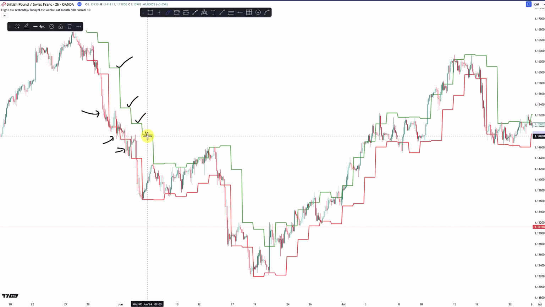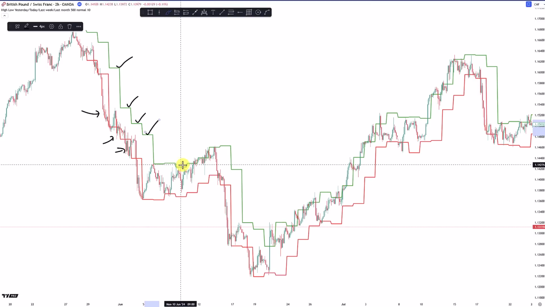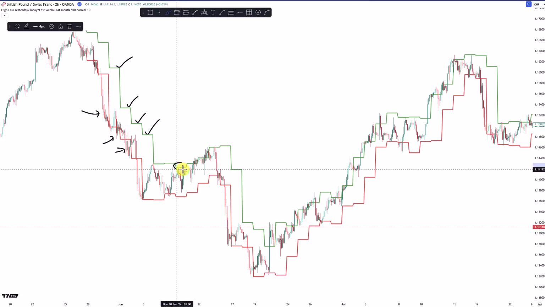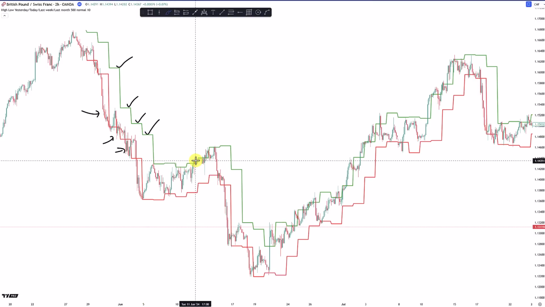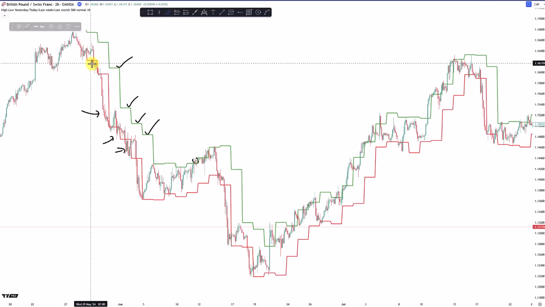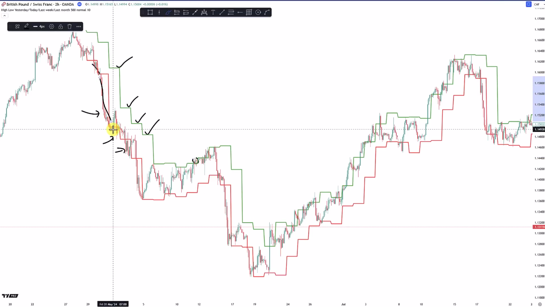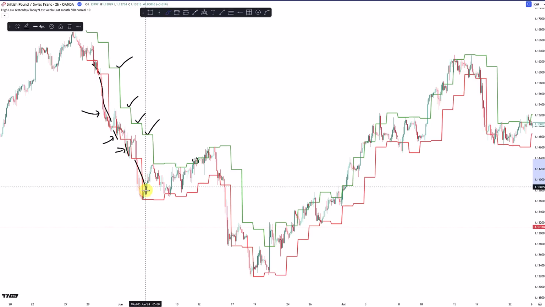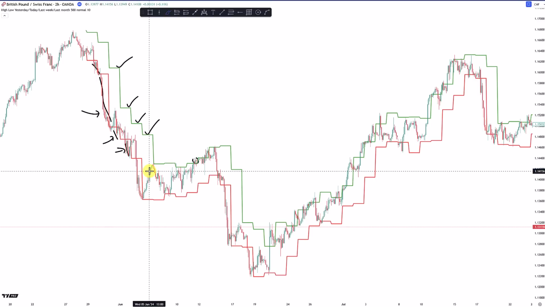That's very simple, but you can remove a lot of subjectivity that comes from drawing levels yourself. You have then periods where the market is pushing into the daily high, but it's not advancing higher above the daily high. Nothing like what we have seen here, where we've seen extended pushes outside of the daily low in a downtrend.